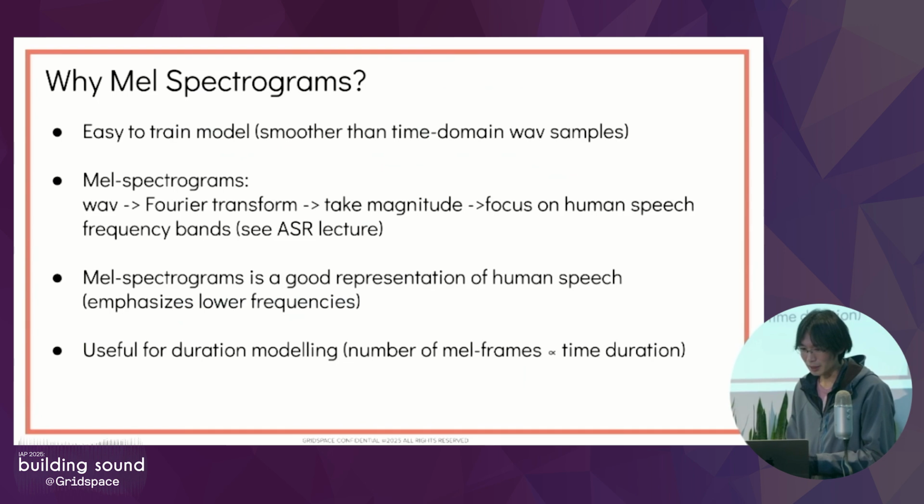Later in the talk, we will also see that MEL spectrogram is used for duration modeling. You could see how every phoneme gets represented in some window of time, so you could just count how many MEL frames correspond to how long that sound should be. That allows you to do some manipulation later on.